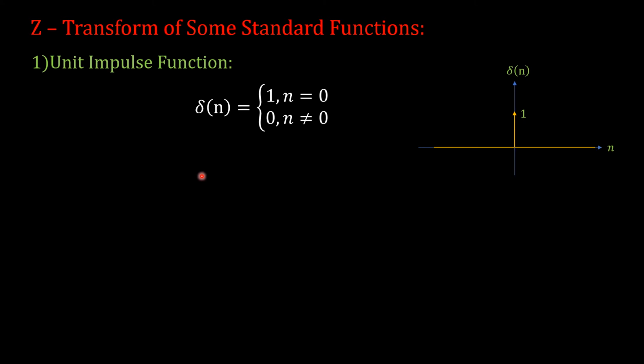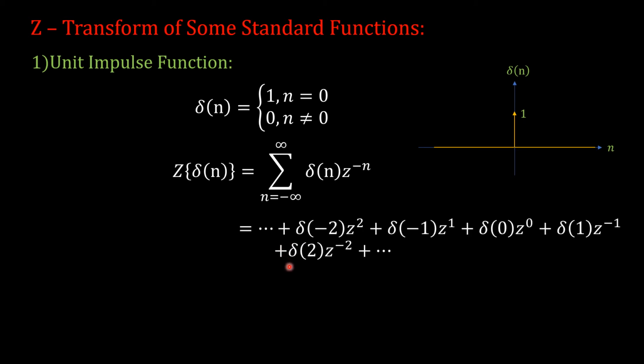By definition of Z transform, we can get Z transform of delta n is equal to summation from n equal to minus infinity to infinity of delta n z raised to minus n. Now put the values of n one by one.